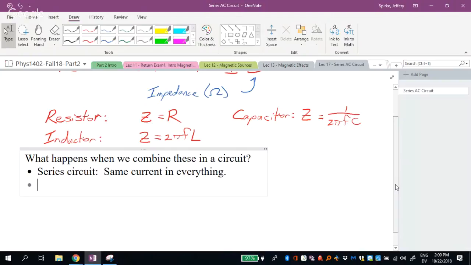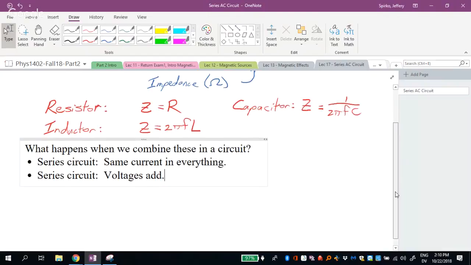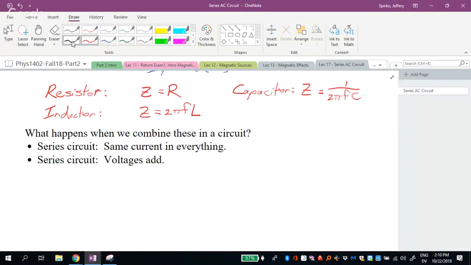Our main idea about a series circuit is that everything in the series has the same current. That's still true in AC, and that's fortunate. There's another idea we have about series circuits, and that is that voltages add. Now, there's an important distinction here.